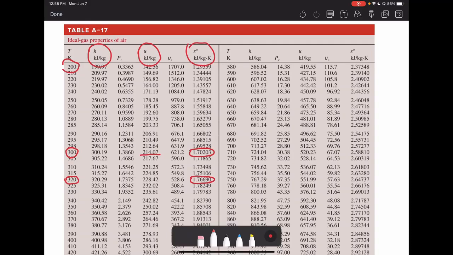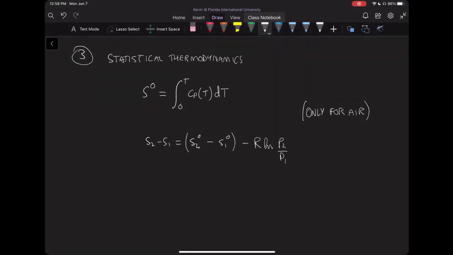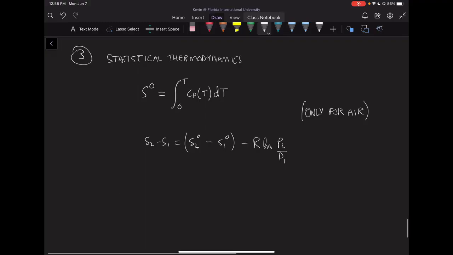Okay, so we can go back and continue with our explanation. The other thing we want to talk about is what happens if we have an isentropic process with constant specific heat.